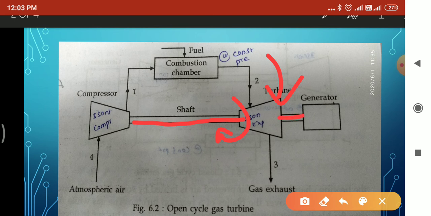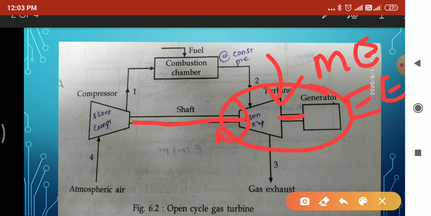The generator converts mechanical energy into electrical energy. Whatever power is developed by this setup, the major part of the power is used to run this compressor, and the remaining power is used to do external work, or you can say mechanical work.